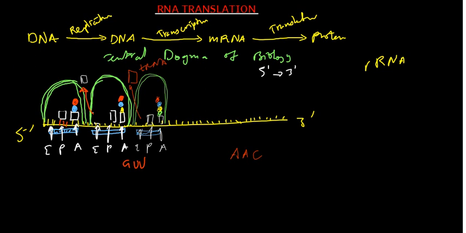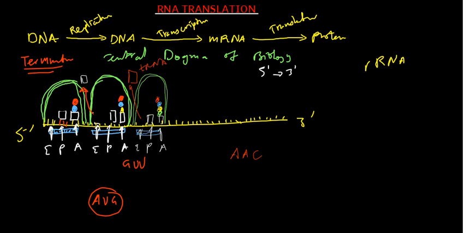Then you have to step into termination. The process has to be ended. So the last stage is termination. Well, just like we had a codon that specified for the start, AUG specified that the process has to start, we also have a codon that stops the process, and those are called stop codons.